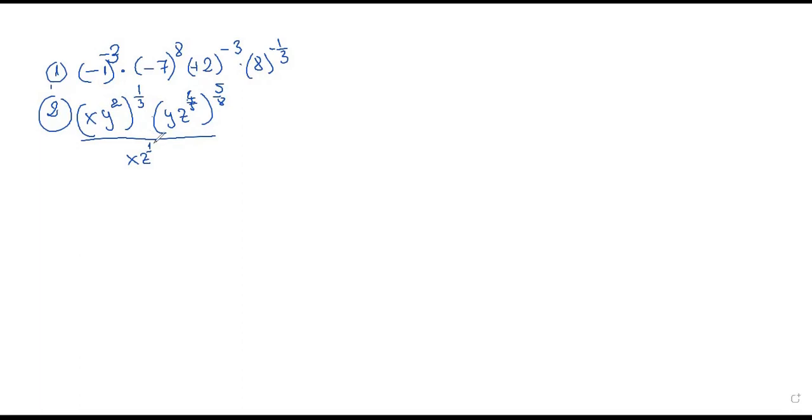I have to wait. I don't know why it's slow, but 1 over z at the power of 1 over 5 at the power of 15 over 2.